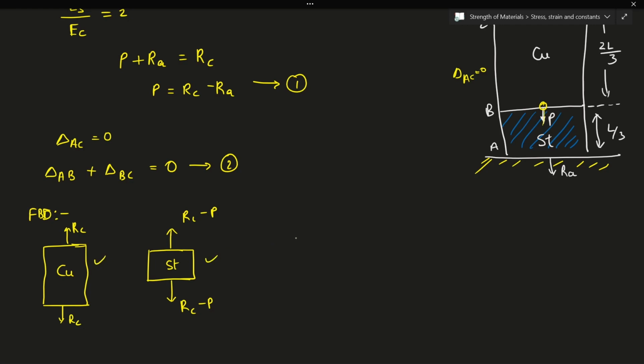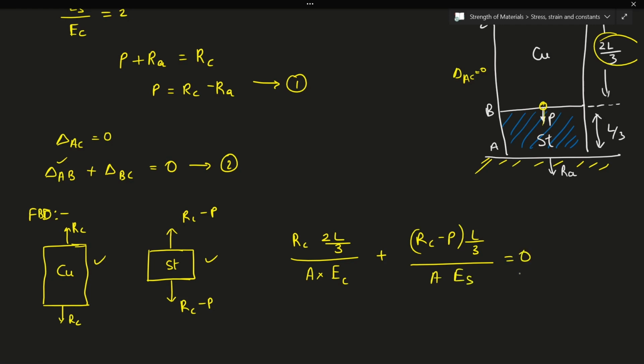For AB, for copper, we have the load acting, that is RC, which is tensile, so plus, into the length 2L by 3, divided by the area into the modulus of elasticity EC, plus, this is also in tension, RC minus P, that is the load acting, into the length L by 3, whole divided by A into ES, that is equal to 0.